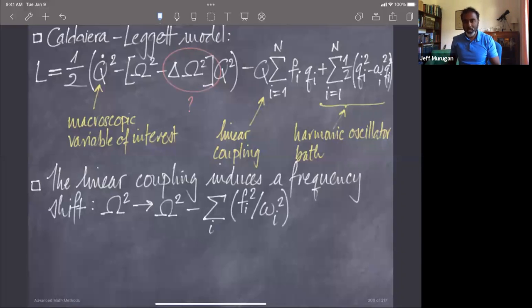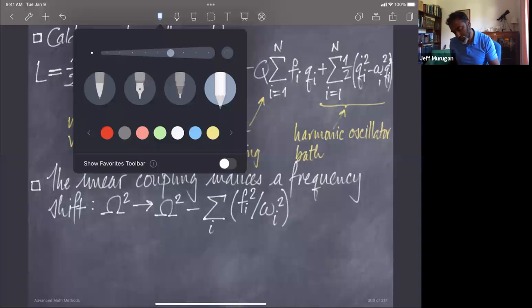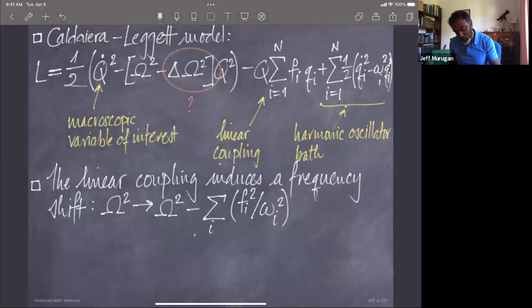This term here, minus f_i squared over omega_i squared summed over the i's, is what I'm going to define to be delta omega squared, so as to precisely cancel out this term.